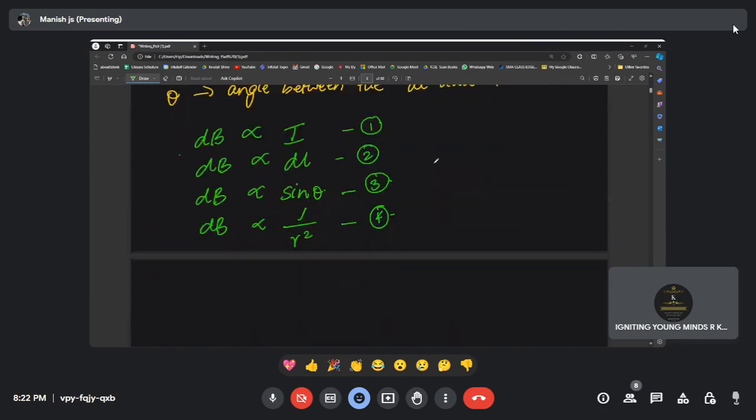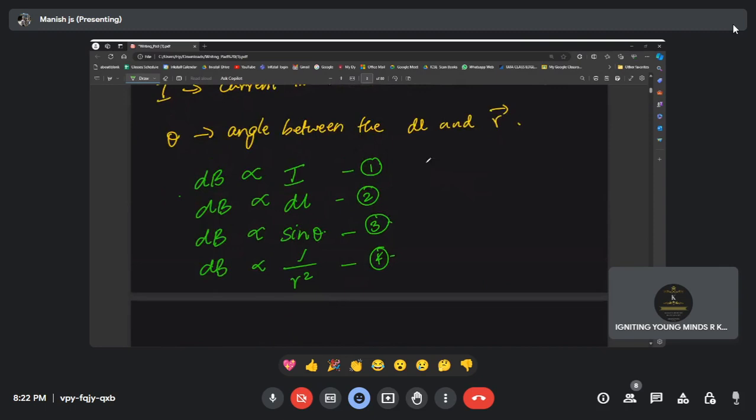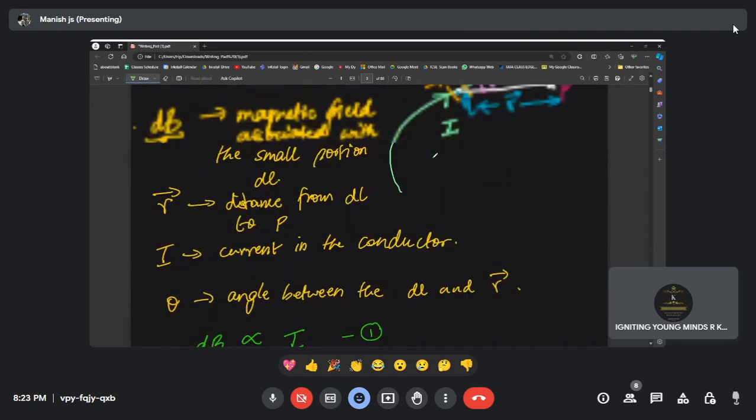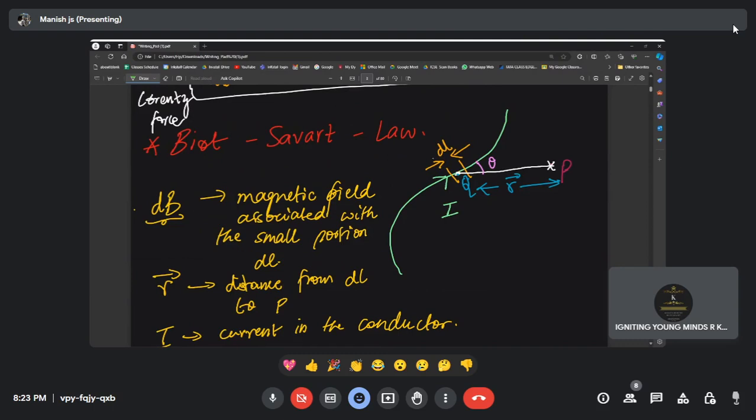Now dl sin theta, you can basically club it. Here I have shown it separately, but you can just say it is dl sin theta. I'll tell you how. Here, the small length dl is making an angle of theta. You know when it is going to be maximum and when it is going to be minimum, so I am going to take that particular component. It is resolution of vectors at this point.